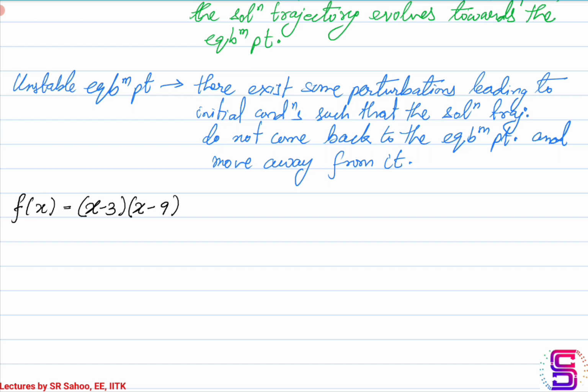So if you plot x versus f(x), then what you get is a trajectory that looks roughly like this. This will be 3 and this point will be 9, with this being the 0. This is where x equal to 0 and f(x) equal to 0 lie. Now, this basically serves as the origin for the x-f(x) axis.